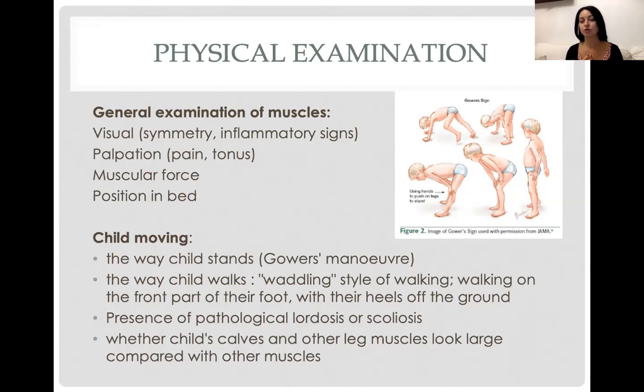It is typical for muscular weakness, for muscular dystrophies associated with muscle hypotonus and muscular weakness. Other disorders, like a specific waddling style of walking, may be found in case of muscular disorders.